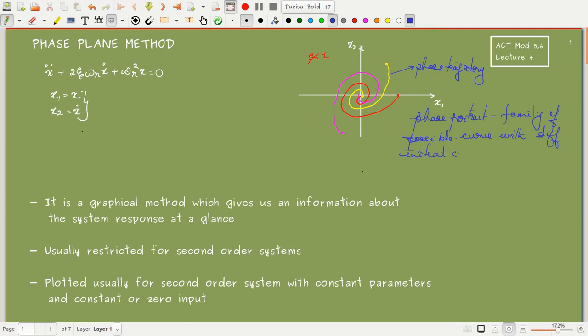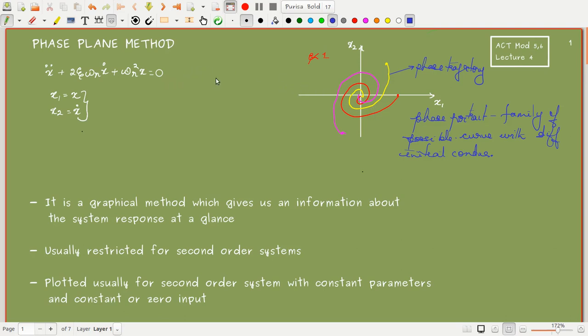Now if you look at this system, we can plot for zeta equal to 0, zeta greater than 0. In this phase plane analysis, if you are able to draw this curve for any system, then we get an intuition on what kind of a system this is.